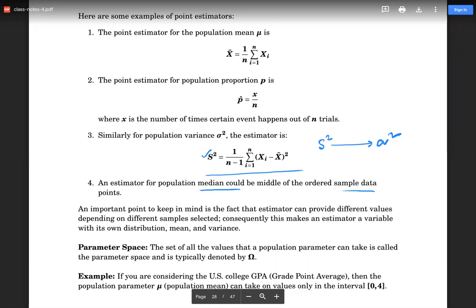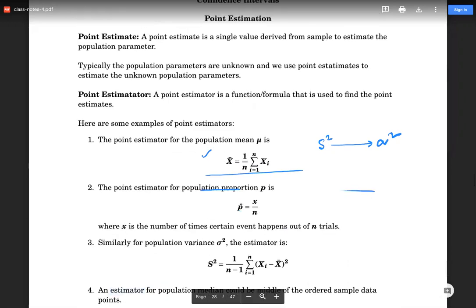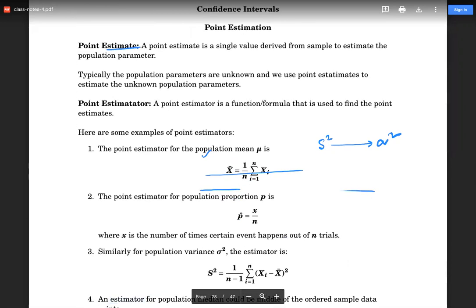As you can see, in all of this, we are doing nothing but finding the point estimate, and from that, we are trying to approximate or get a better sense or understanding of the population parameter. So if you're finding X bar, that means you're finding the sample mean or sample average.